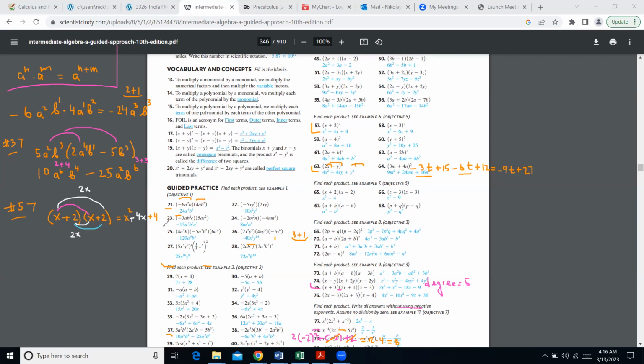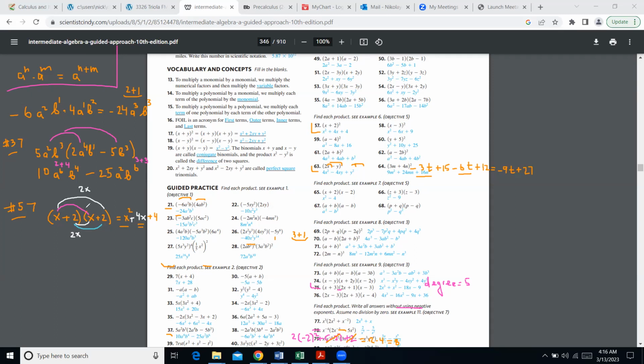So FOIL means I put a product of first terms, x's, on the first place, then terms on the outside and terms on the inside, and outside and inside I highlighted with white colors and got 2x and 2x that gave me 4 of those x's in the middle.